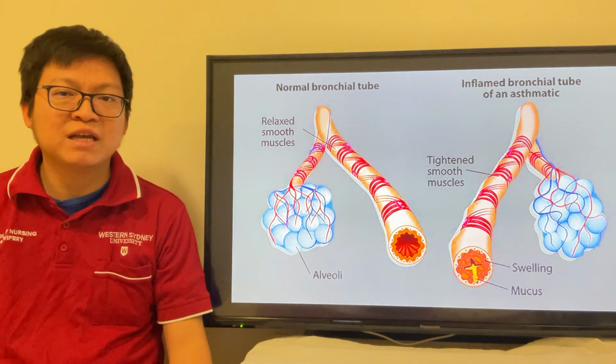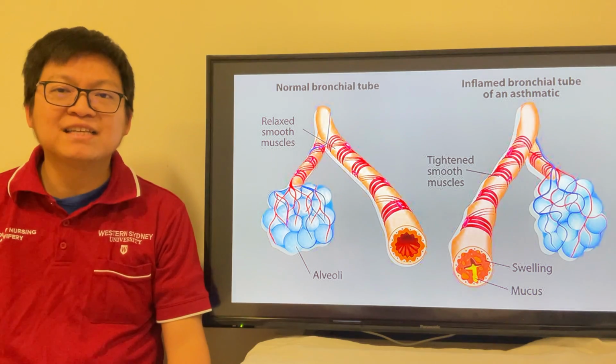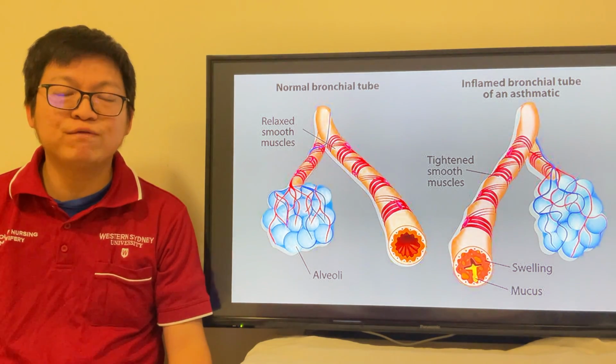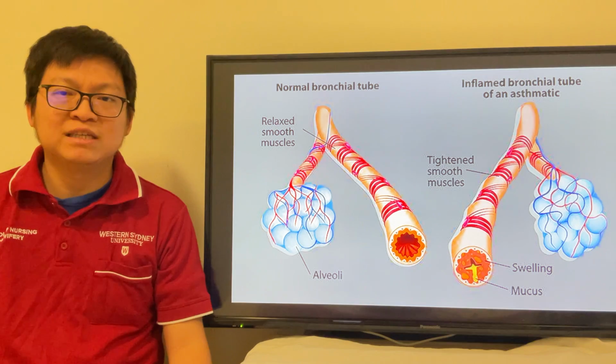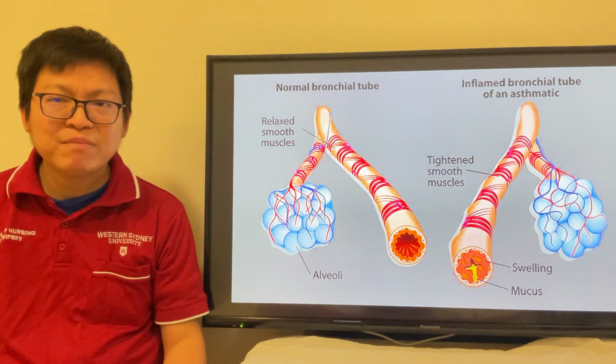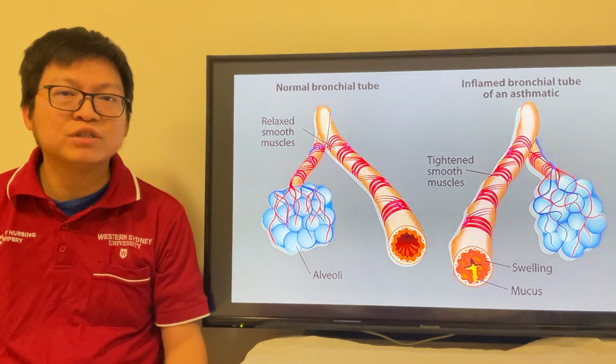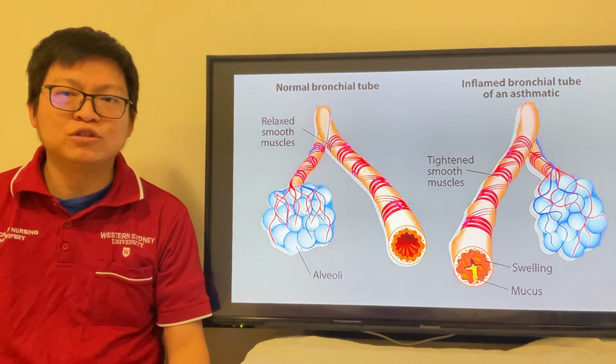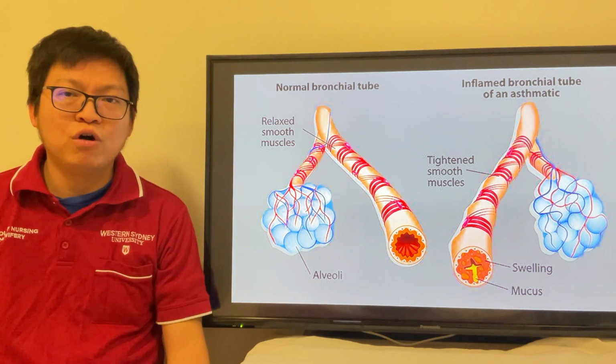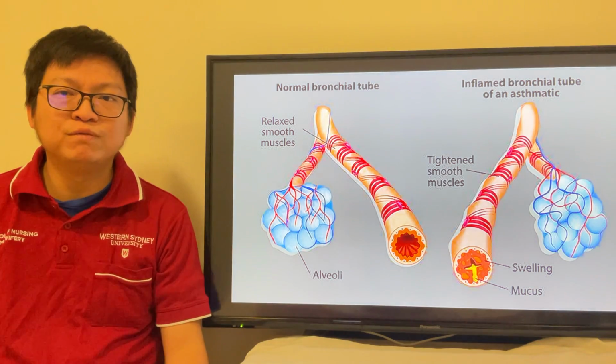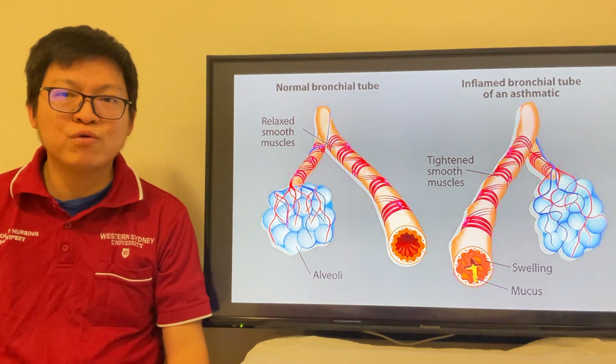Repeated infections and acute exacerbations lead to inflammatory changes such as airway edema, mucus hypersecretion, and tracheal spasms. All the issues I mentioned above could lead to further narrowing of the airway.